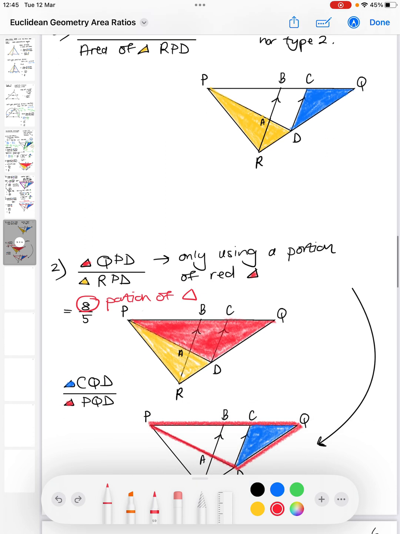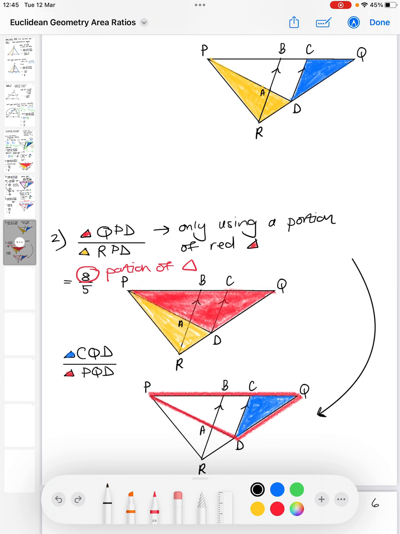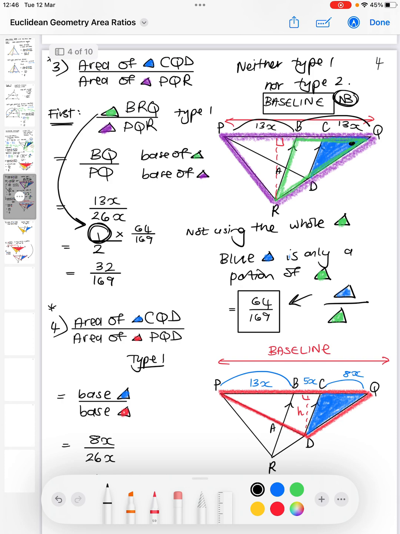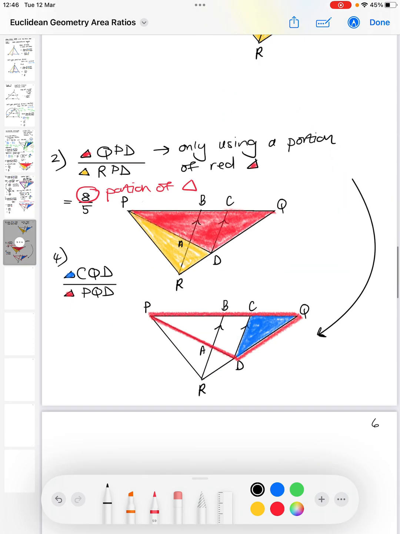So now I'm going back to another question that I did. I think this was the question just prior to this one. This was question 4. So in question 4, we found the ratio of blue over red. Now I'm interested in that because that would help me to solve question 5. So blue over red, we said, was equal to 4 over 13.